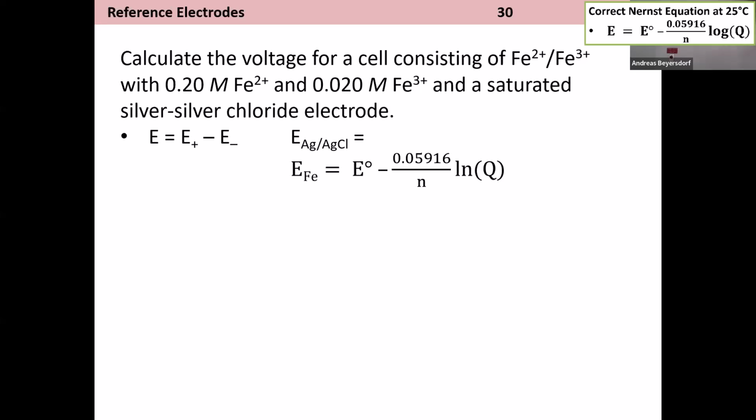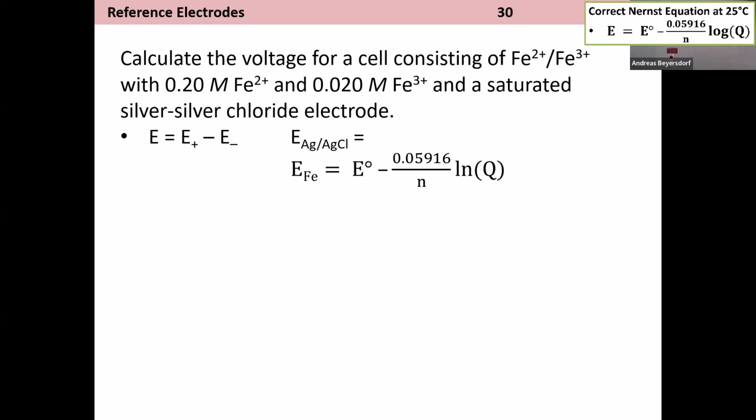Our other electrode is 0.197 volts. So which one is going to have reduction occurring? The iron or the silver? The iron, because it has a higher reduction potential.